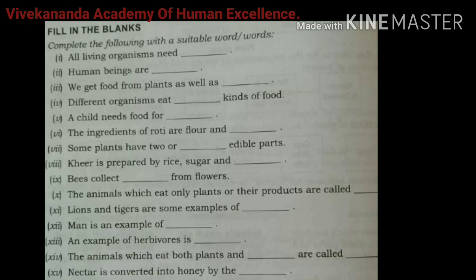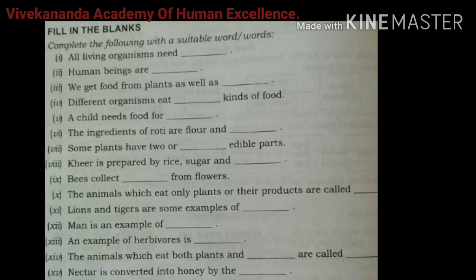Now we will see fill in the blanks. Complete the following with a suitable word or words. All living organisms need food. Yes, you are aware that we require food for growth. Human beings eat plants as well as animals, so they are omnivores.